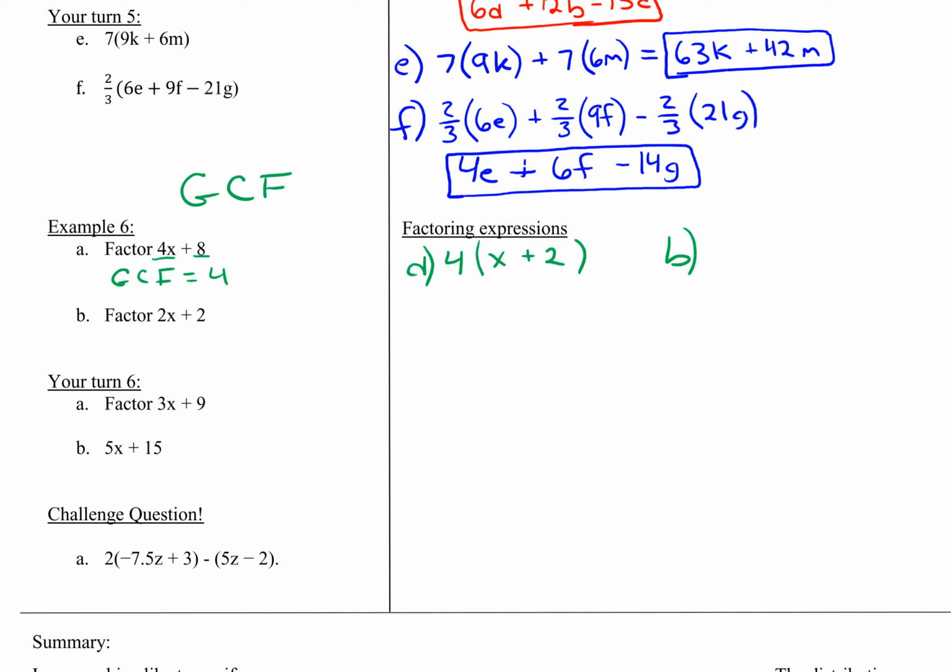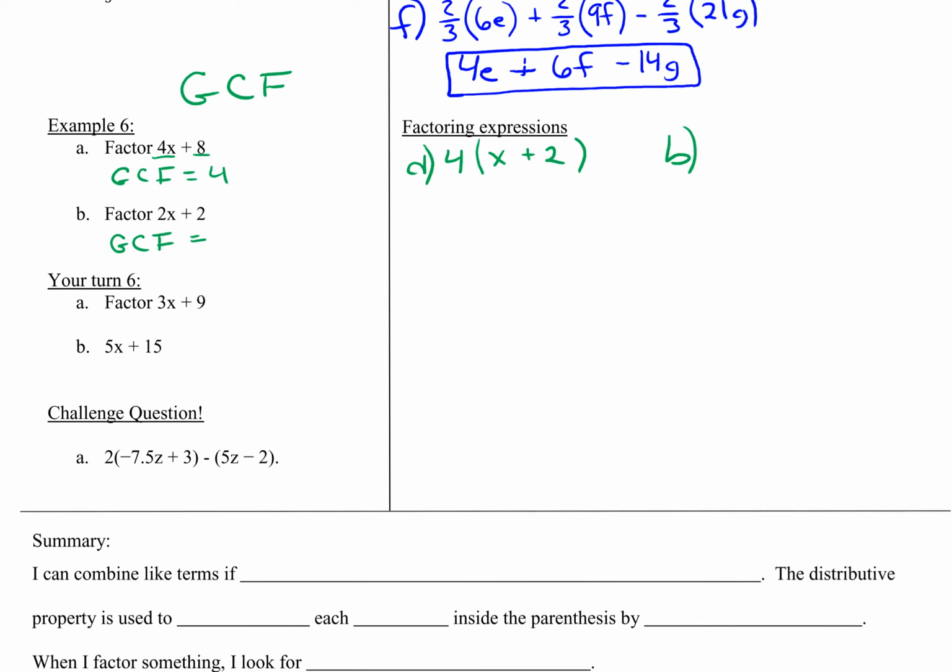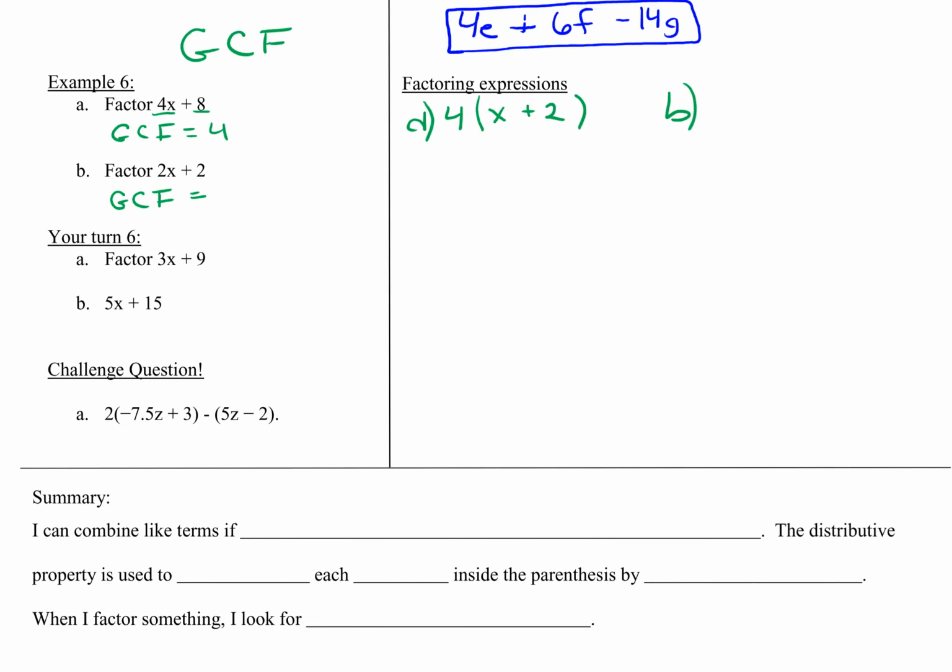If I want to factor 2x plus 2, I'm going to pull out the greatest common factor of 2x and 2, which is 2. So the 2 is going to go on the outside of the parentheses. 2x divided by 2 is just 1x, plus 2 divided by 2 is 1.